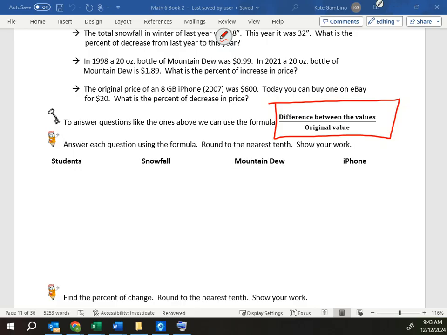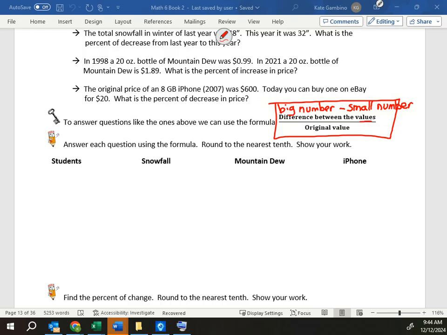I might even put big number minus small number. So we remember we don't go negative. If our big number was listed second, it's okay. We still start with big number minus small number. That's the difference.